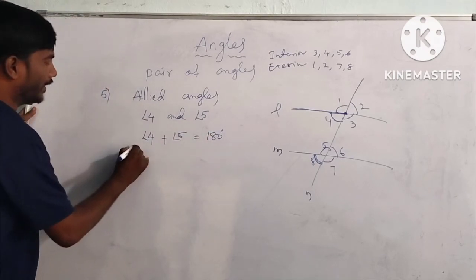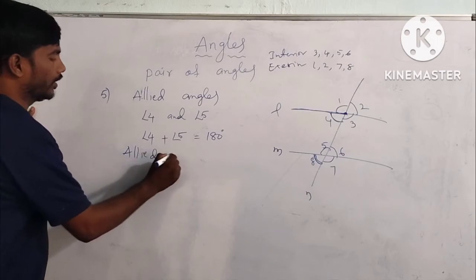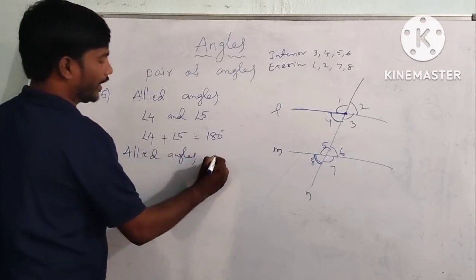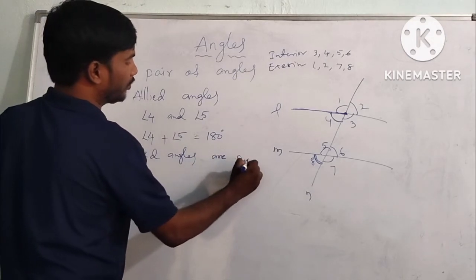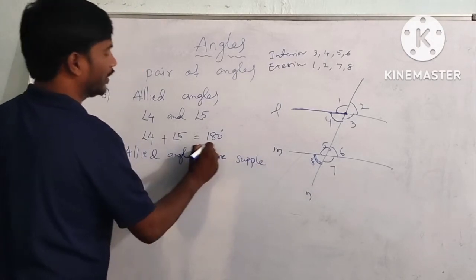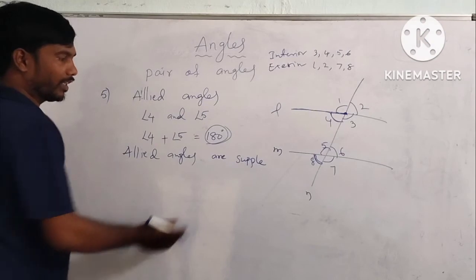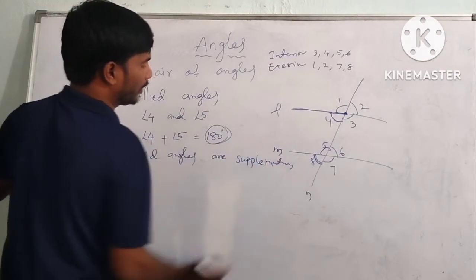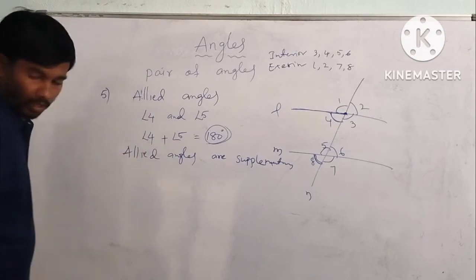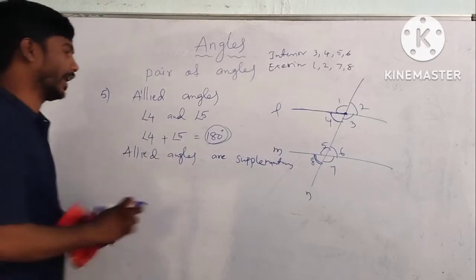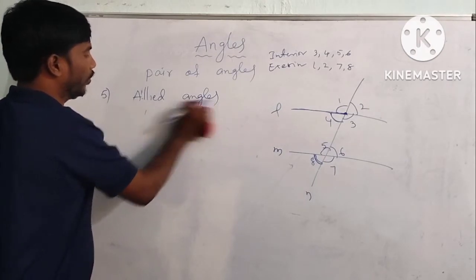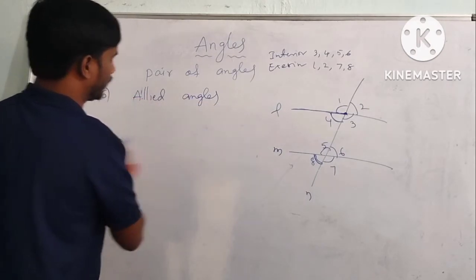Allied angles are supplementary angles. How, sir? The sum of two angles is 180, which means supplementary angles. So allied angles are supplementary angles. What is the definition of allied angles?